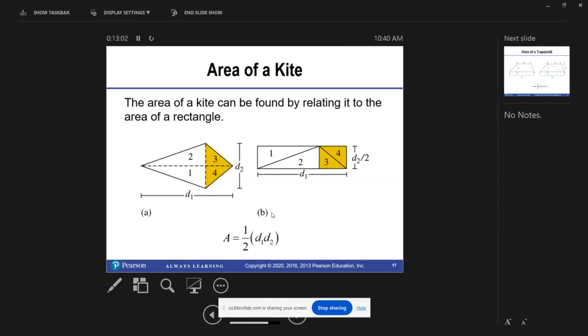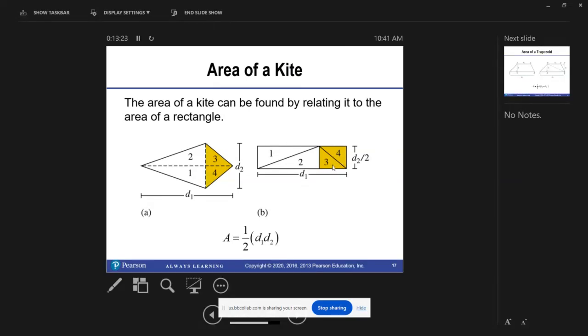Okay, a few more area formulas. Anytime you want to find the area of a kite, you're going to take 1/2 times diagonal 1 times diagonal 2. So half of the product of the diagonals.